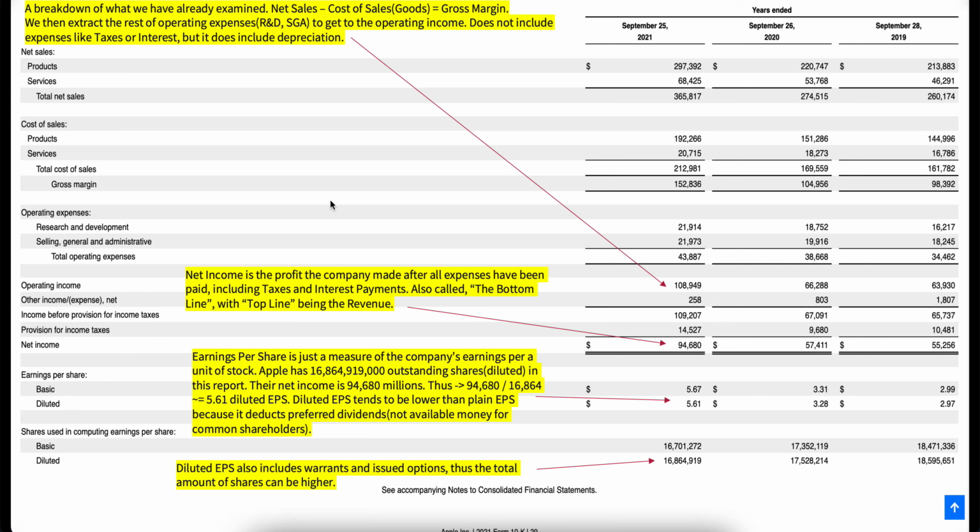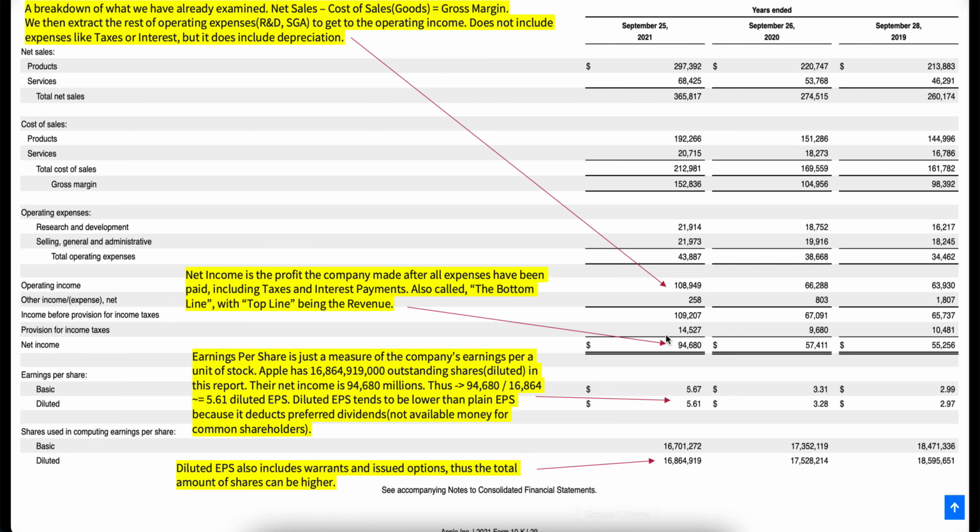And so once we exclude these expenses, we derive the final net income, which is all the profit that the company generates after all the expenses have been paid, which is also called the bottom line. Net income is the profit the company made after all expenses have been paid, including taxes and interest payments, also called the bottom line, with top line being the revenue, the sales that the company generated. And remember the distinction between net sales and gross sales we discussed earlier.